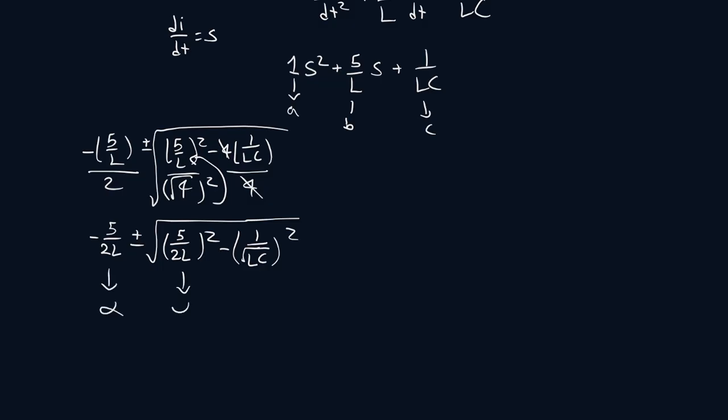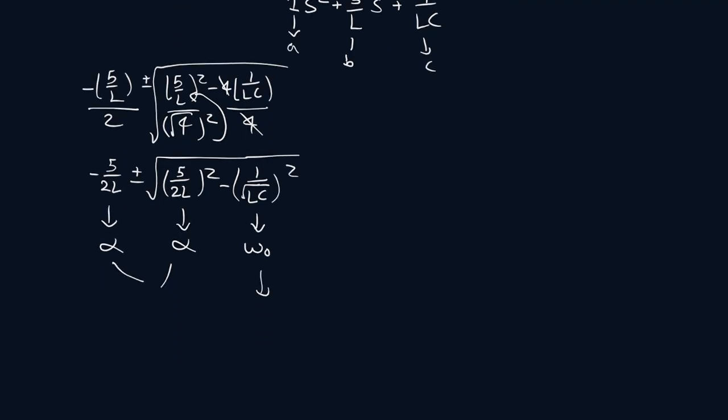This is also your alpha, and this is your omega, this being your damping factor, and this being your undamped natural frequency. Okay, so we can rewrite this as the following. And this is all equal to S1 and S2, so these two roots. This is your natural frequency.